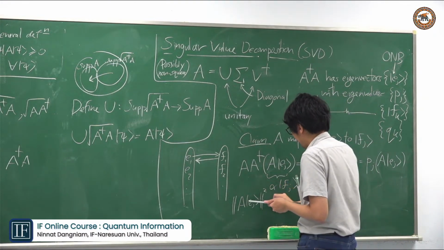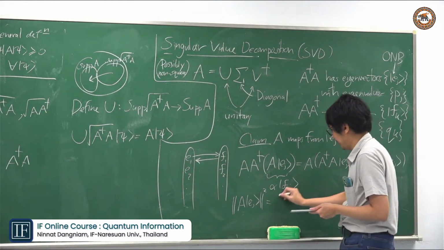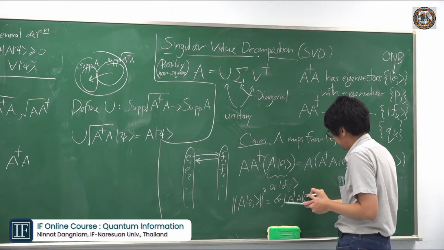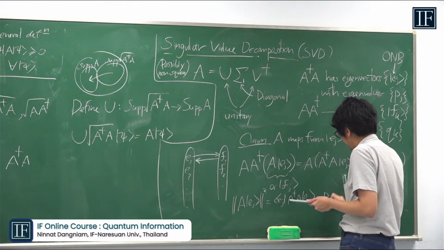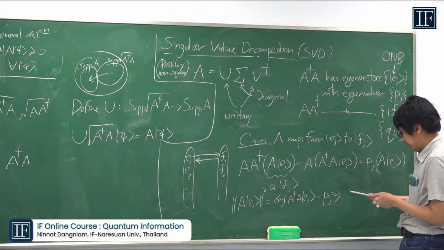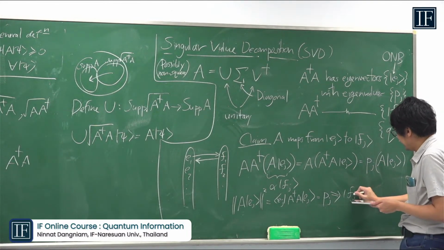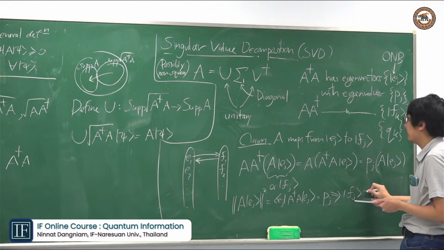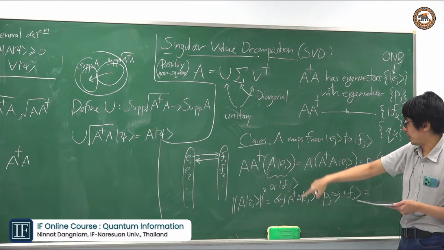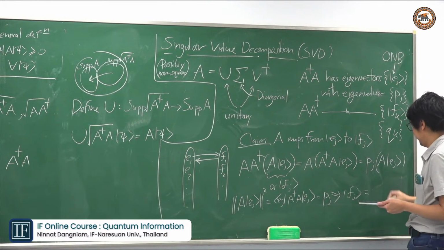So we start by finding the norm, which is just this, p_j. And that means the normalized eigenvector of A A dagger has to be this, A E_j, divided by the square root of p_j.